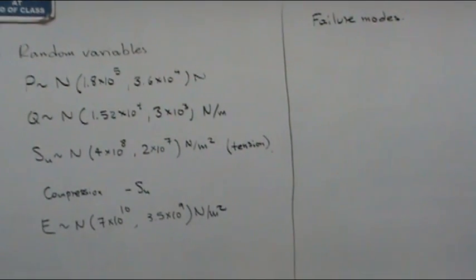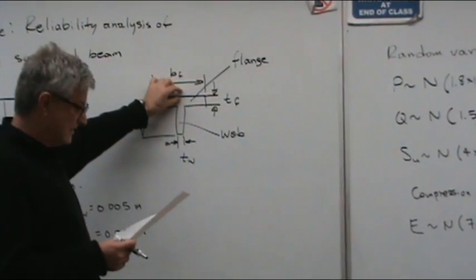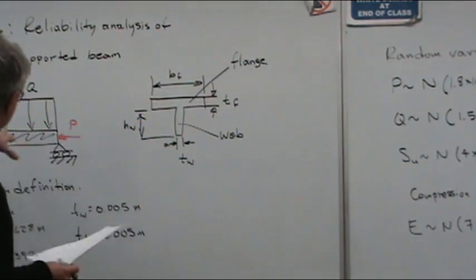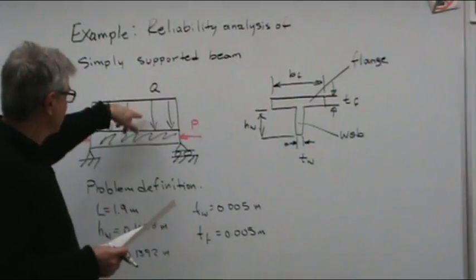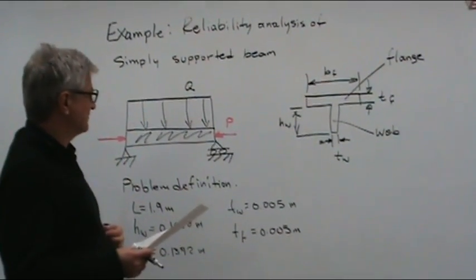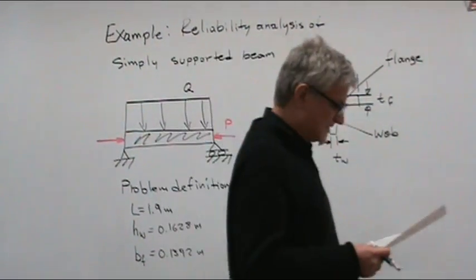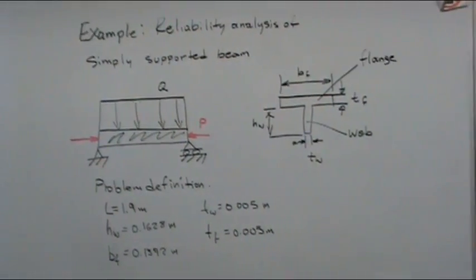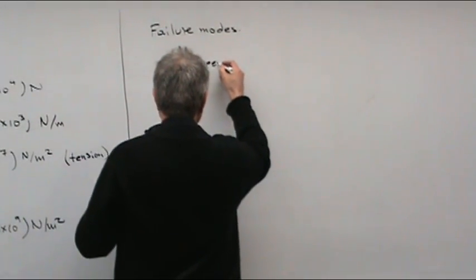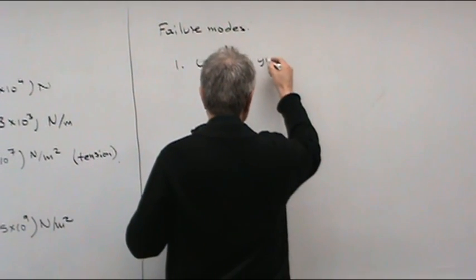Well, the upper line can give either in tension, I'm sorry, the upper line would actually be in compression. And it's unlikely to give in tension, so you have compression of the upper line. So the first one is upper line giving in compression.